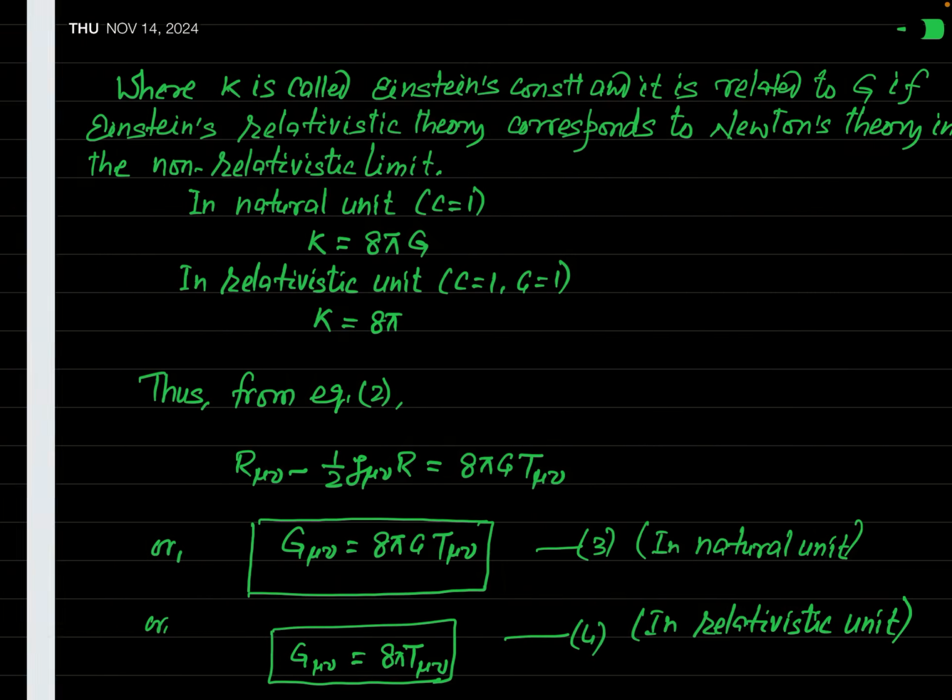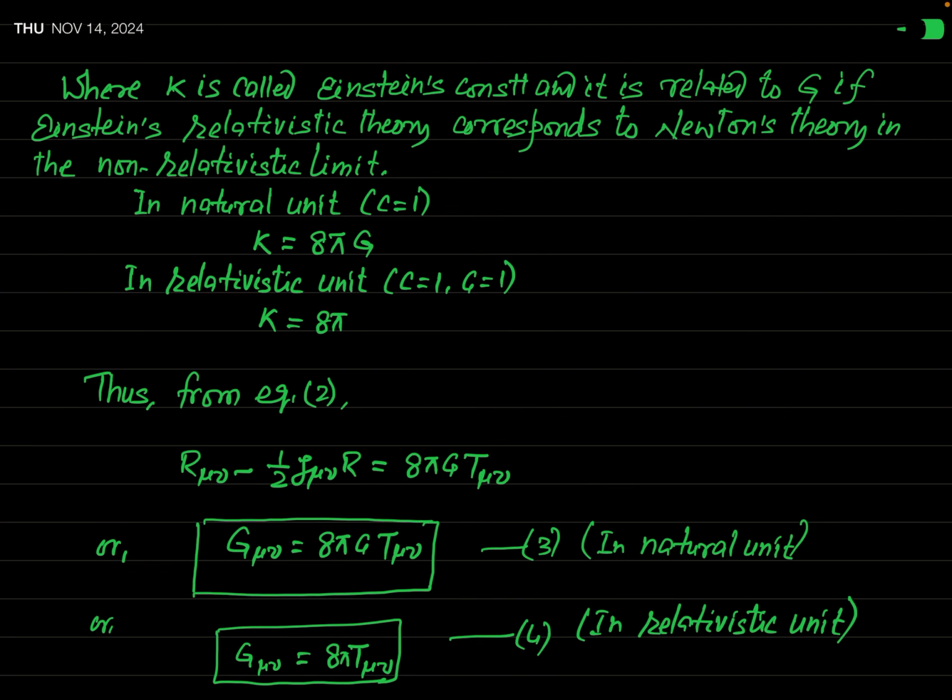Here this constant K is also known as Einstein's constant, and it is related to G. If Einstein's relativistic theory corresponds to Newton's theory, meaning that in the non-relativistic limit Einstein's theory transforms into Newtonian theory, then this Einstein constant K must be related to the Newtonian constant G.